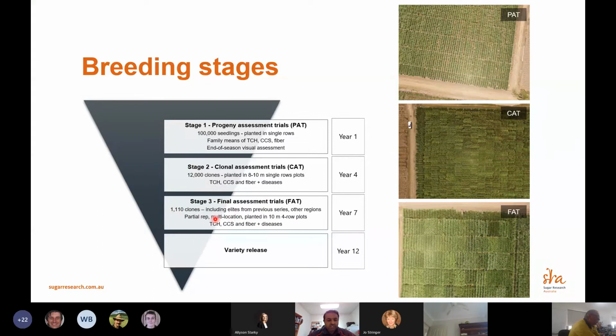And these not only include promising clones from stage 2, but also elite clones from previous years or from other regions. They are tested in partial rep trials across multiple locations in 10 meter by 4 row plots, which we assume is under pure stand conditions. And they are again selected for TCH, CCS, fiber, and diseases. And it could take up to 12 years from crossing to have a variety released.